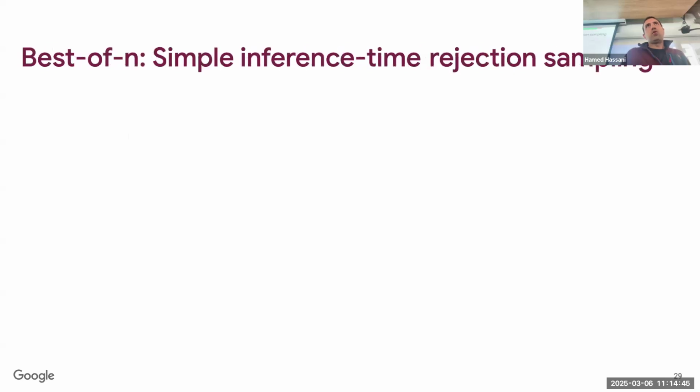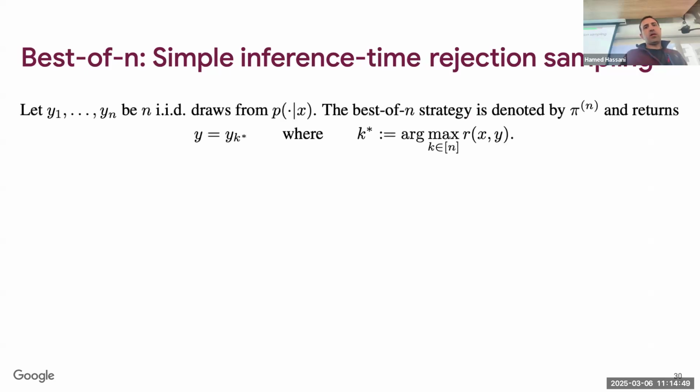Okay, so let's talk about best of n. What do we mean by best of n? Let's say you have a reference model P, and we generate n responses from P, drawing n times. Say this is how to solve a math problem; we solve it n times.